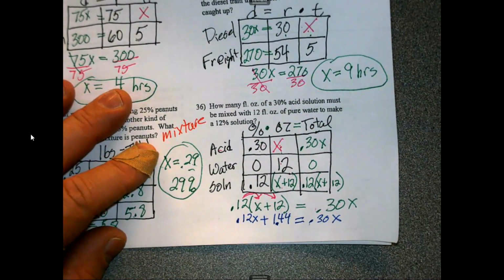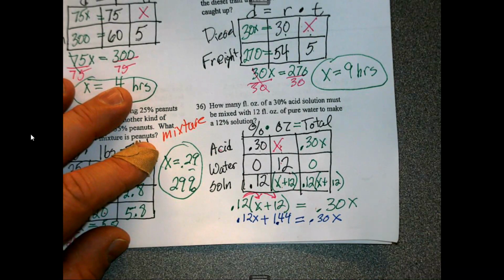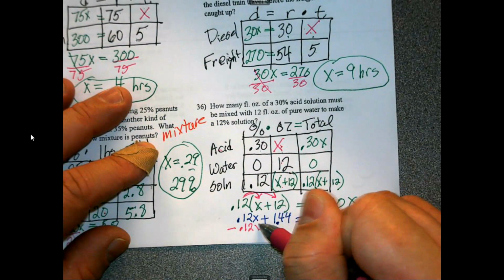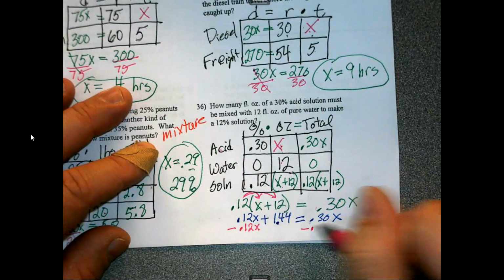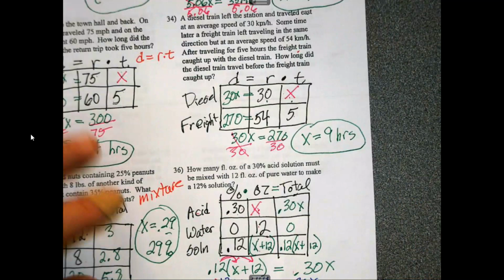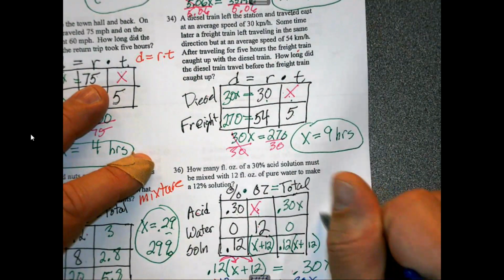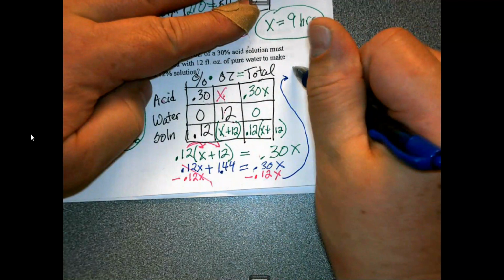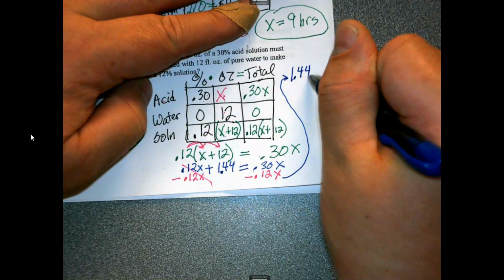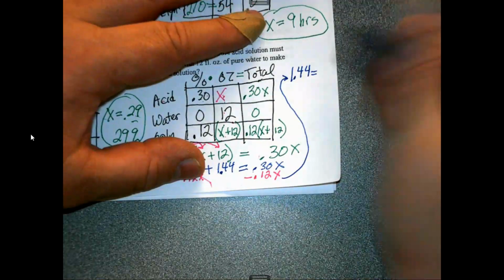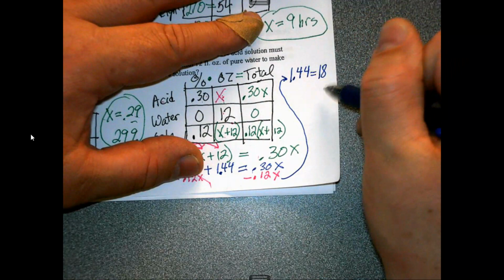All right. Let's see. I've got to solve for x, right? So minus 0.12x from both sides. I'm going to bring it back up here. So I have 1.44 equals, let's see, 0.30 minus 0.12 is 0.18x.